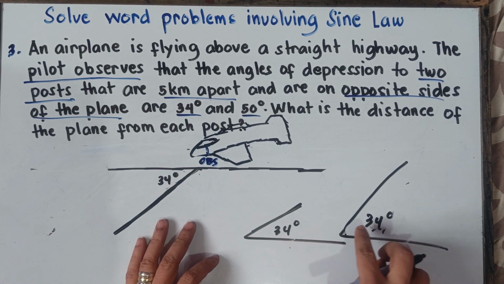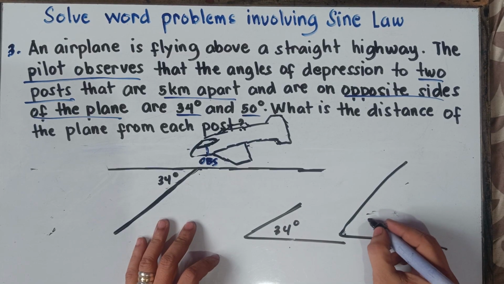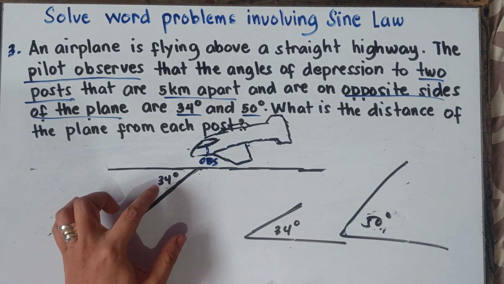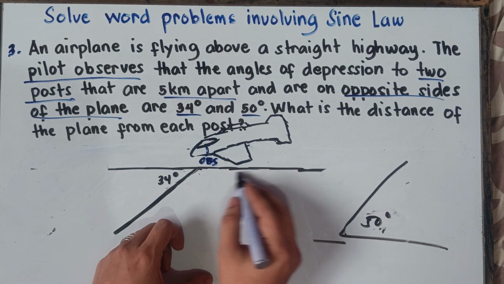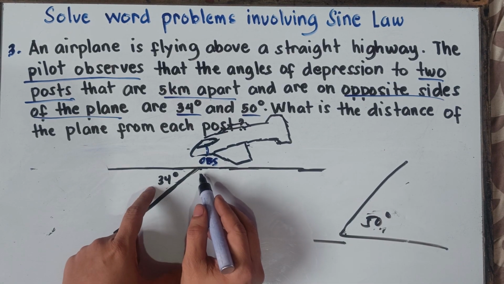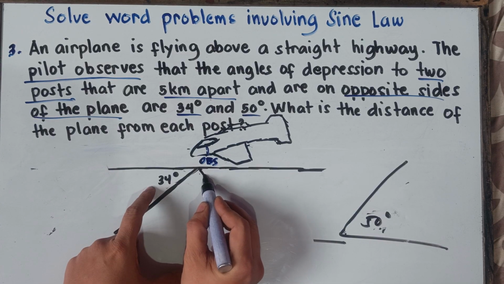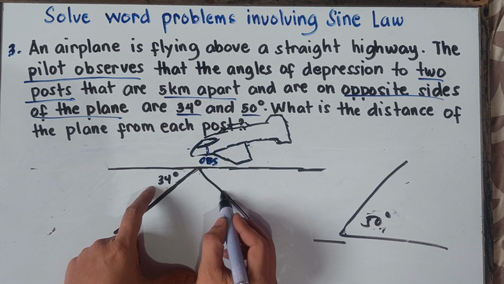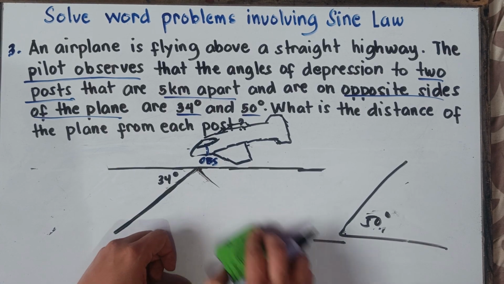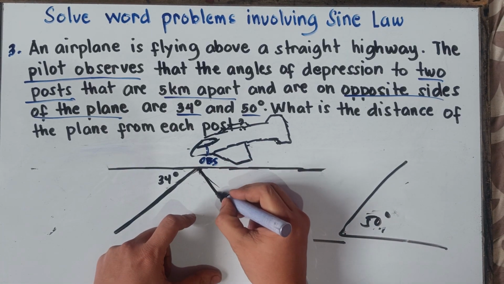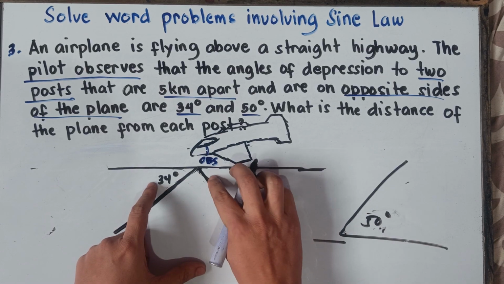Basic example, class: if this is 34 degrees, therefore 50 degrees, if this is our horizontal line, will be greater than 34 degrees. It will be like this, and this will be 50 degrees. I hope you understand this one, class. This will be 50 degrees, a greater opening than 34 degrees.